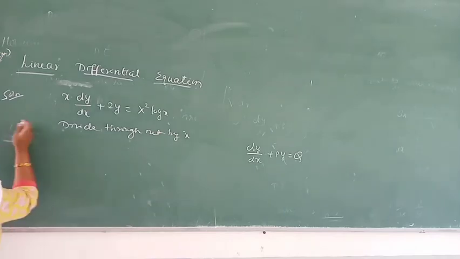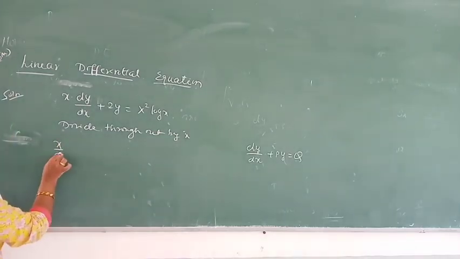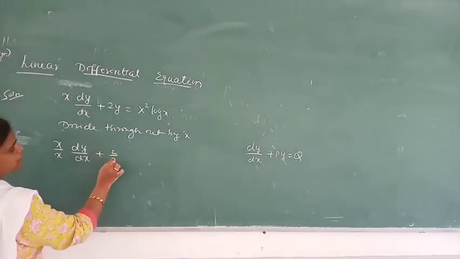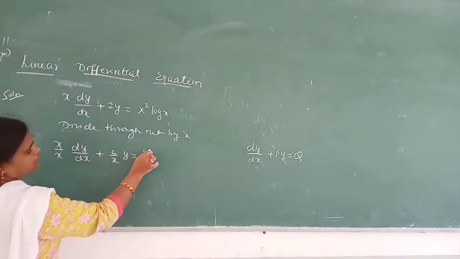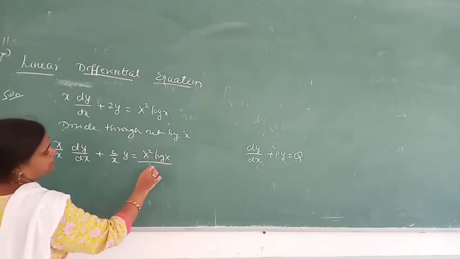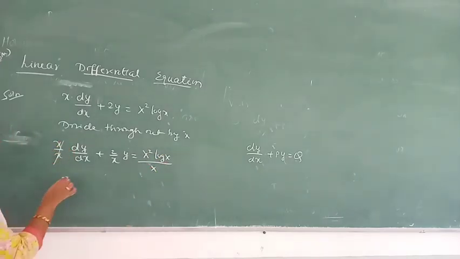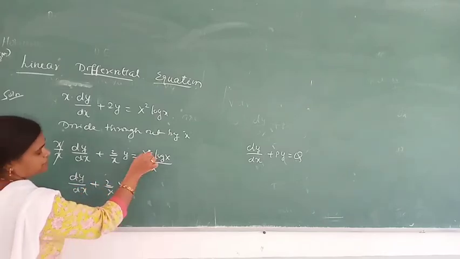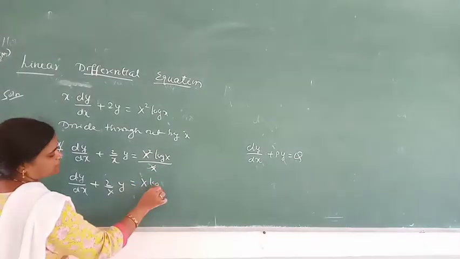We get x by x dy by dx plus 2 by x y equal to x square log x by x. X gets cancelled. This is dy by dx plus 2 by x into y equal to x log x.